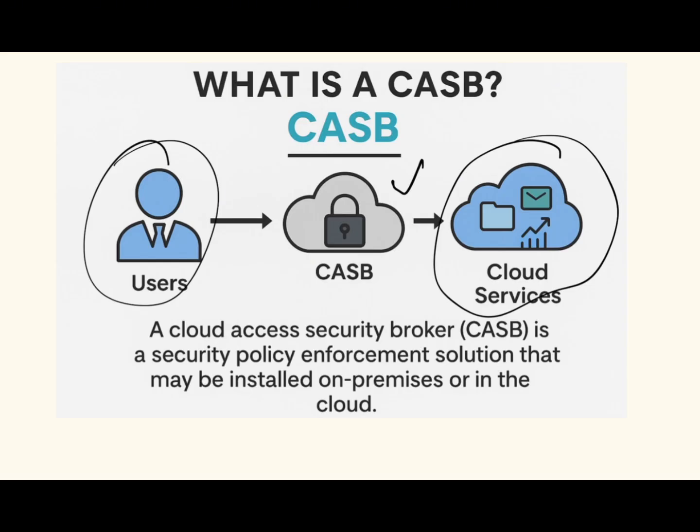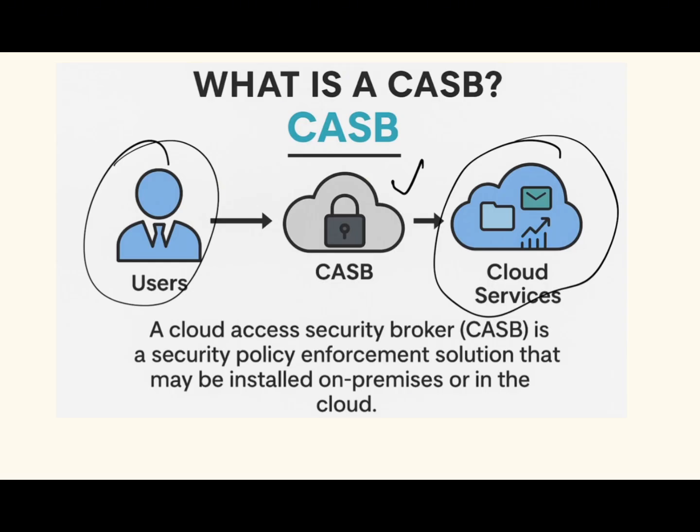But just for our understanding of what type of tool a CASB is, as we discussed, it is a cloud access security broker, a security tool that enforces security policy and controls access to the cloud services.